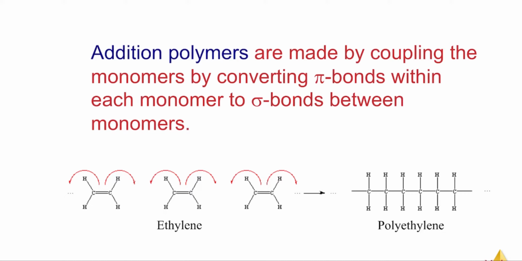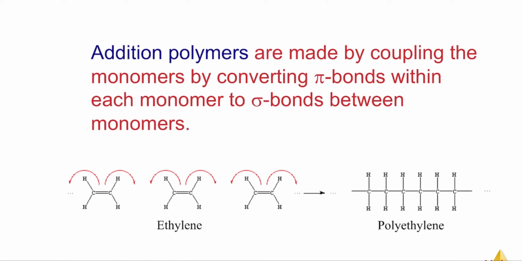That idea. Okay, so if you can convert those pi bonds, which make that double bond, into single bonds, sigma bonds, normal single bonds, then you can end up with a chain. Each of those ethylenes can be joined to the previous bunch that's already linked to a chain, and you can have polyethylene, and that polyethylene chain can be as long as you would want it to be.